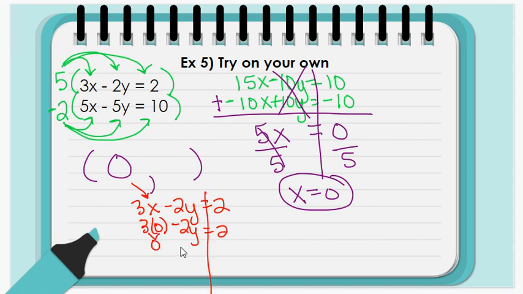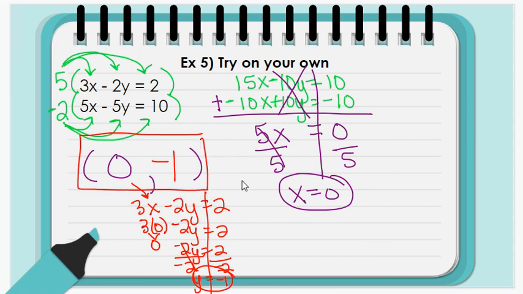So 3 times 0 is just 0, so I have negative 2y equals 2. Divide by negative 2. And y equals negative 1. So my solution to this system is 0, negative 1. How'd you do? If you missed it, go back and find your error.